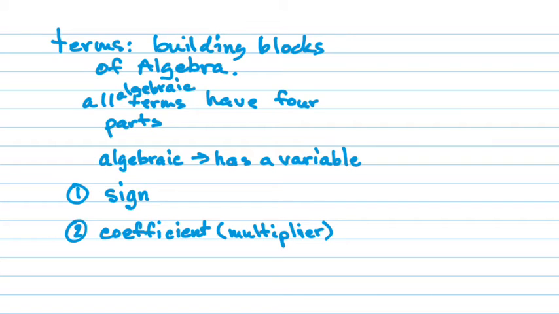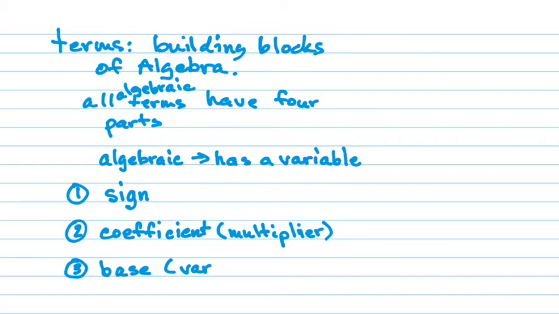And you're going to see that in an algebraic term, that multiplier is always a number. So we'll look at each piece of it so you can identify each piece. We're just going to spend a whole lot of time. I'm going to write down a term, and you're going to tell me the pieces of it. Okay? It's that important.